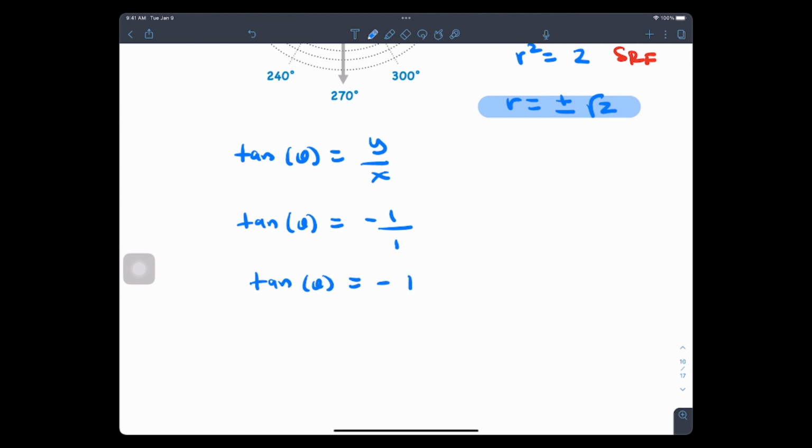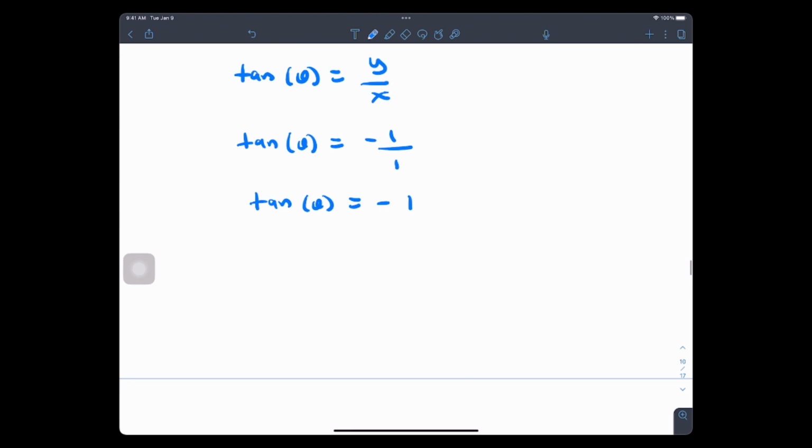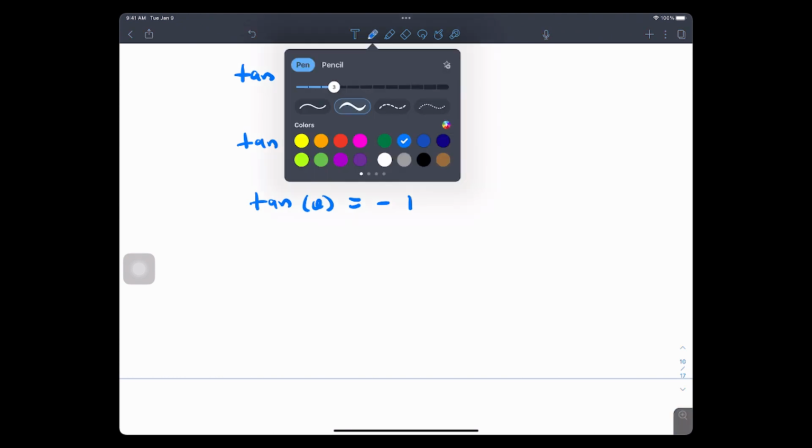Do you guys know what theta is here? Is theta pi over 4? Isn't that a trig equation? This is why you guys solve trig equations. What is theta going to be?